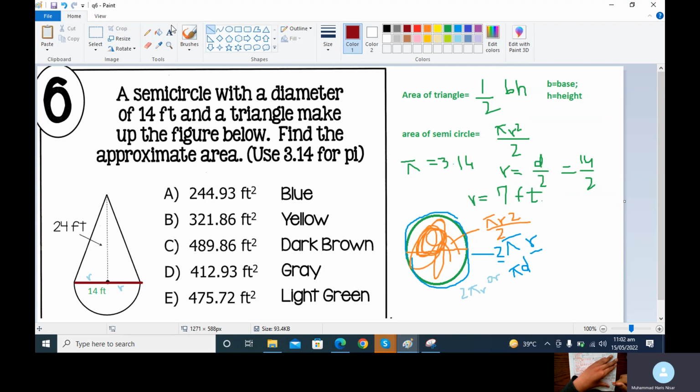Let's do pi r squared divided by 2. So the radius is 7 feet. Let me write the next solution here.